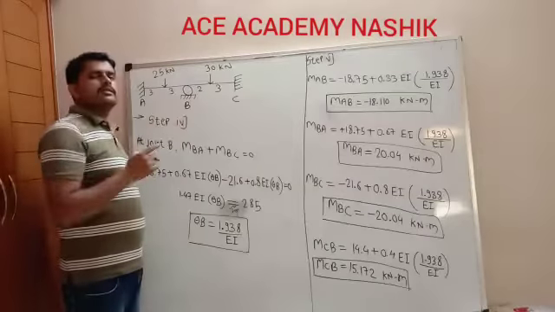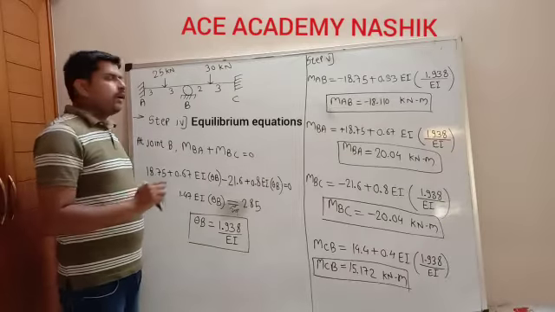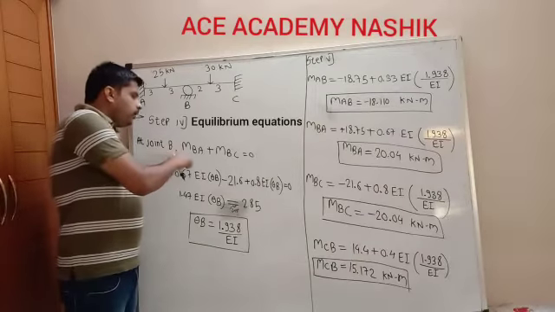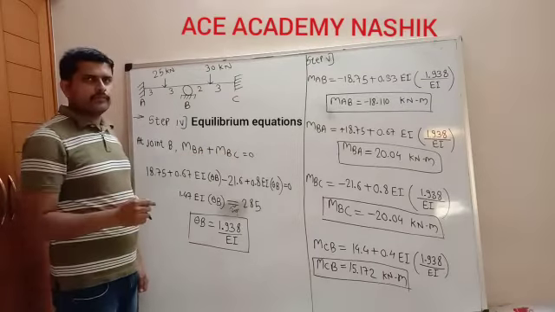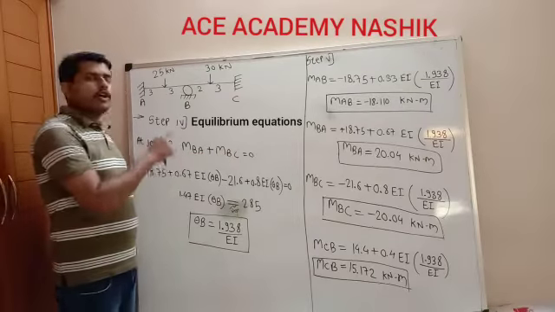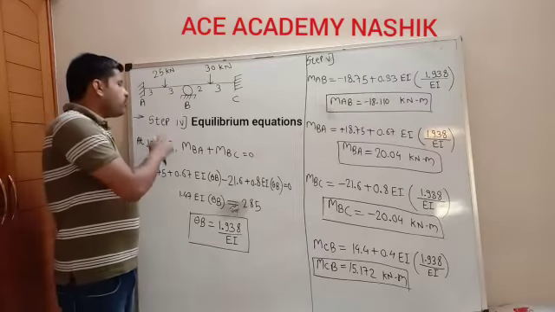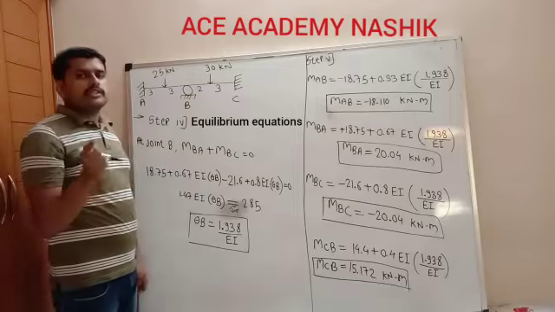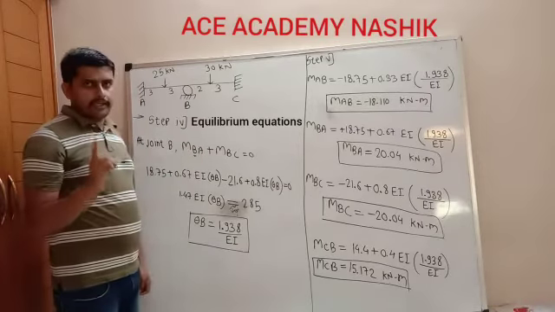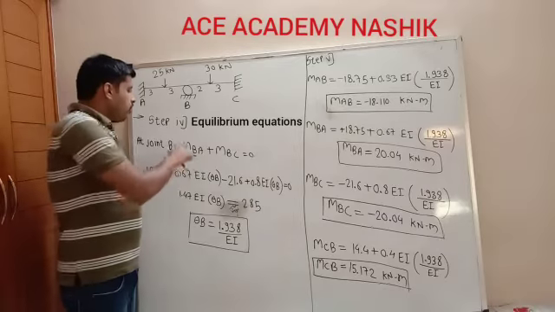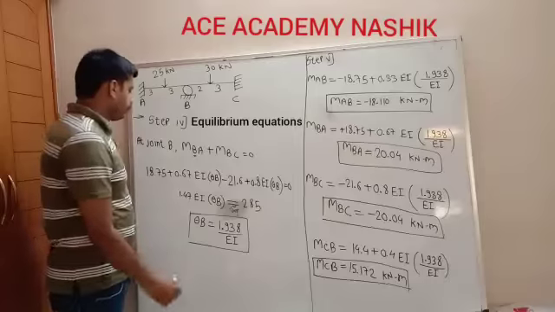Next is step number 4, equilibrium equations. At joint B, we must write MBA plus MBC is equal to 0. Why? Because to keep joint B in equilibrium, the sum of the moments at joint B must be 0. Therefore, MBA plus MBC is equal to 0.